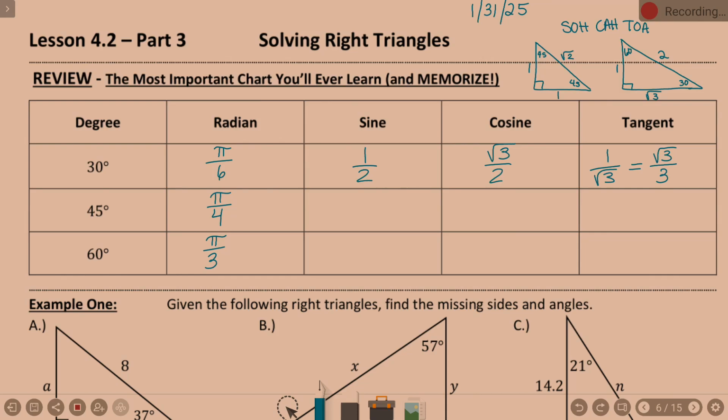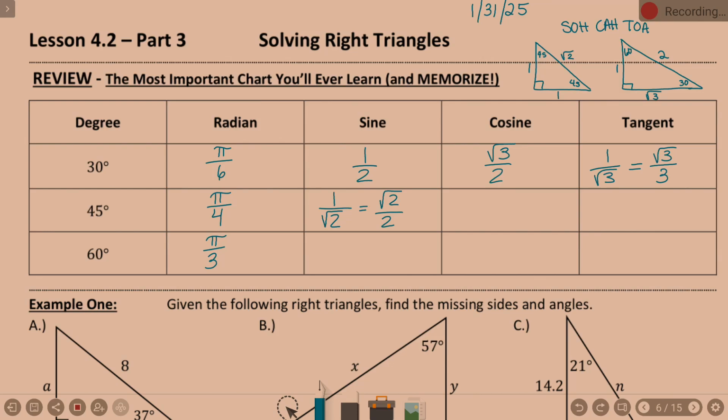Now 45. Sine of 45. Pick either 45 degree angle, opposite over hypotenuse, we're going to have 1 over square root of 2, which makes square root of 2 over 2. Multiply top and bottom by square root of 2, and you get square root of 2 over 2.